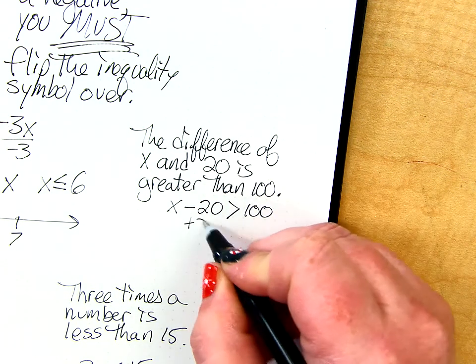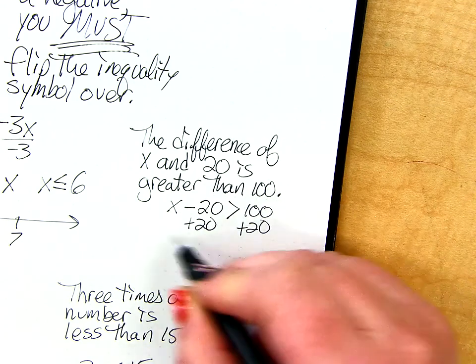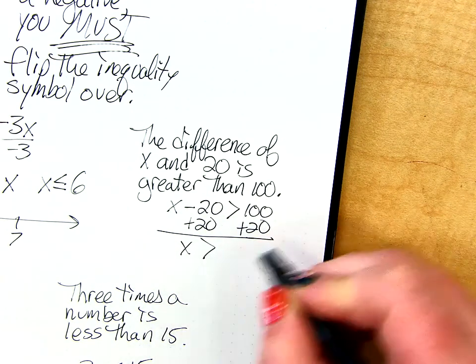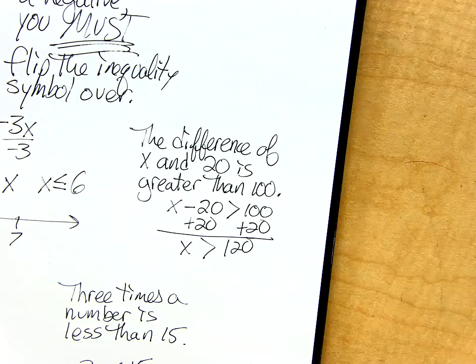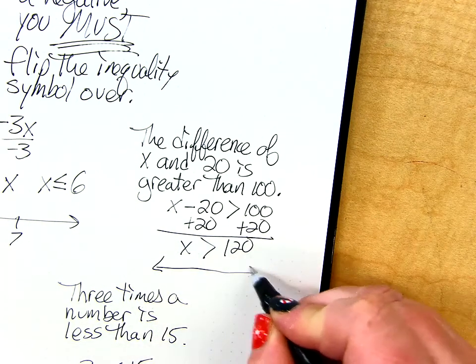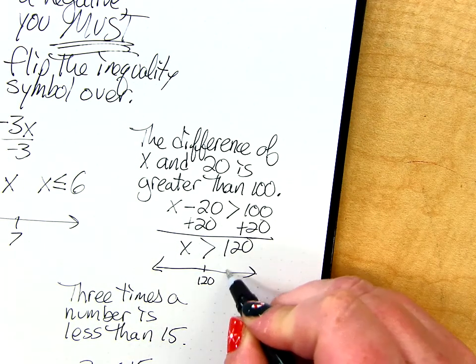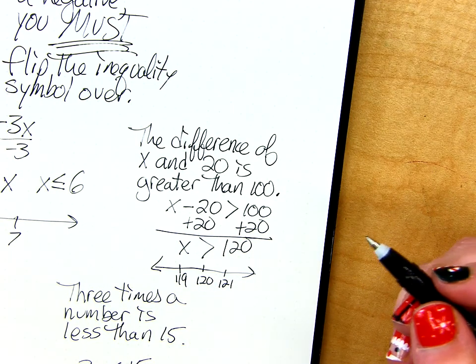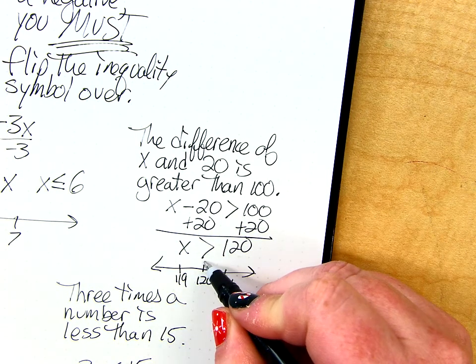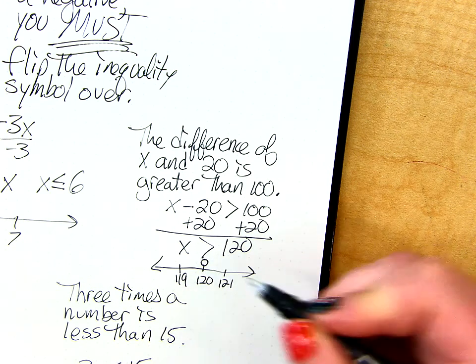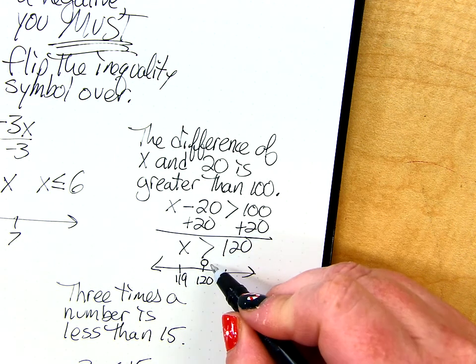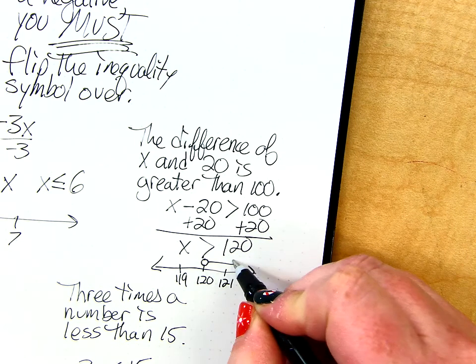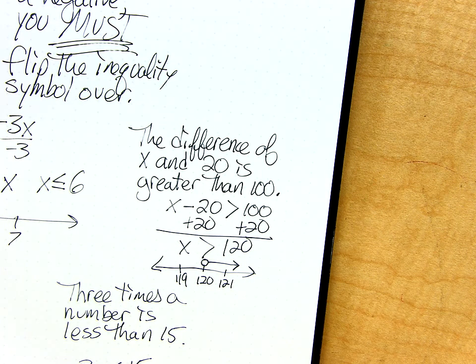Add the 20 to both sides. x is greater than 120. And then I can graph it if I want to. What kind of a dot at 120? Open, shaded to the right. Right. All the x's greater than 120, there they are.